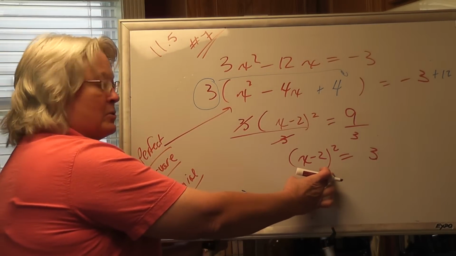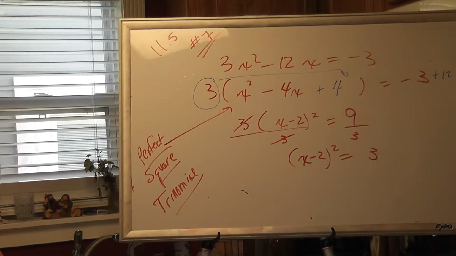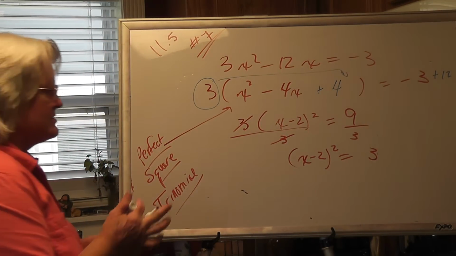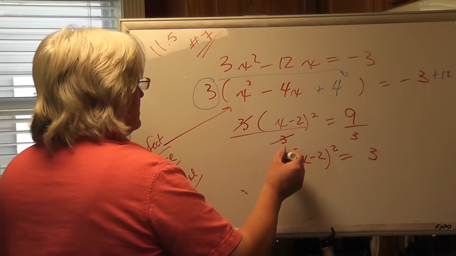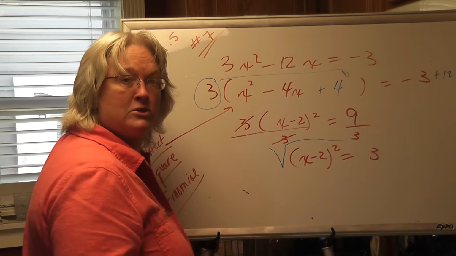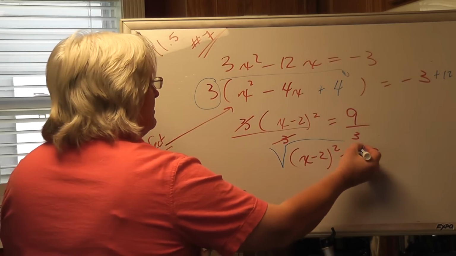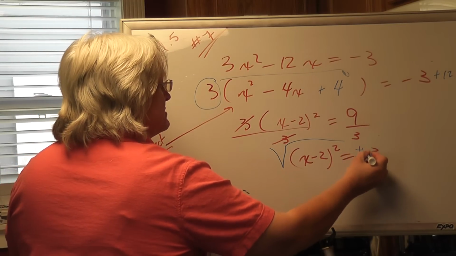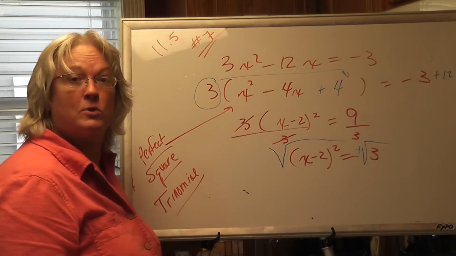We have a perfect square on the left-hand side of the equation. The way to solve this is to take the square root of both sides of the equation. When you take the square root of a constant term, it's plus or minus. So we have plus or minus the square root of 3.